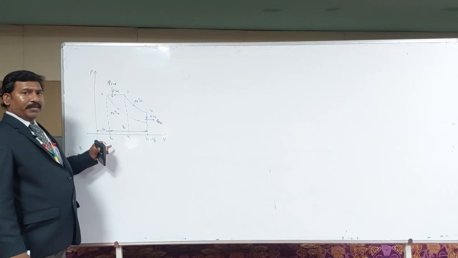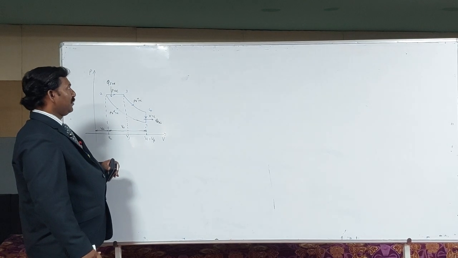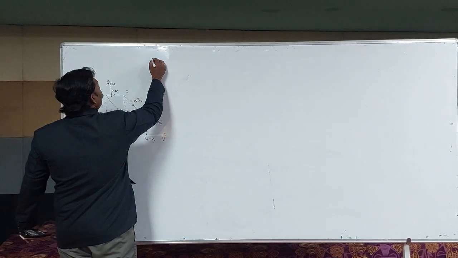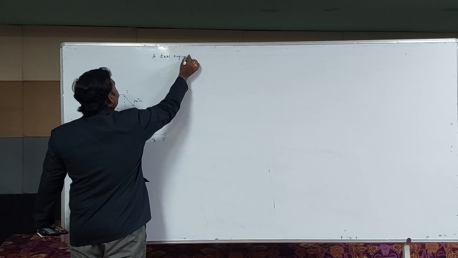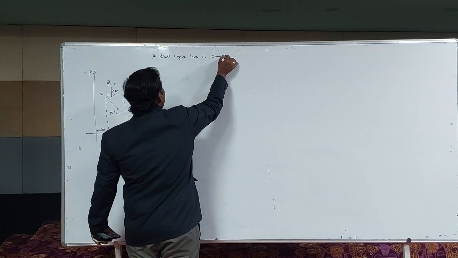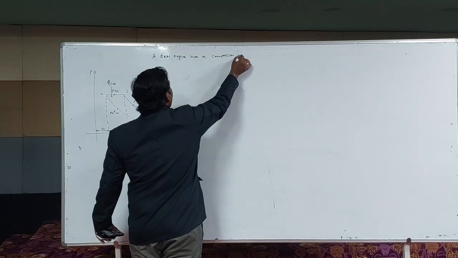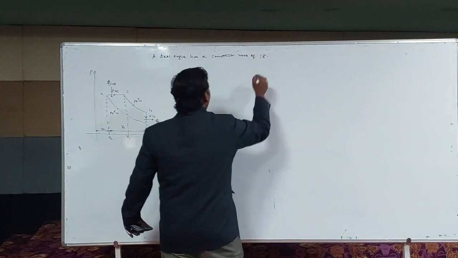So this is the PV diagram for a diesel cycle. We will solve another problem in a diesel cycle. A diesel engine has a compression ratio of 18.